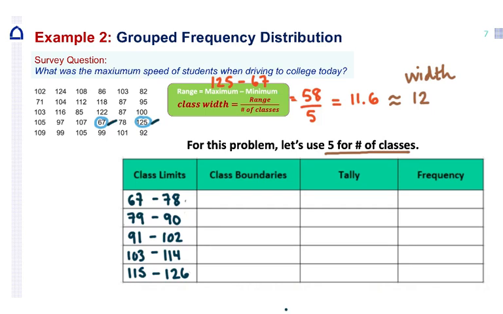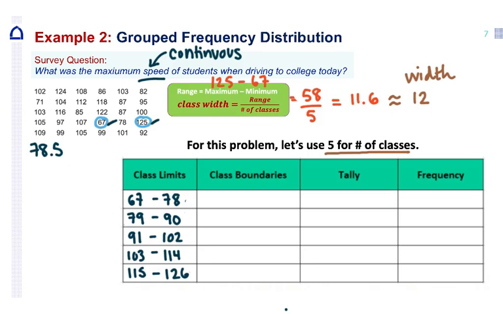Do you remember that rule I said where there can be no gaps in the data, right? We went 67 to 78, and then the very next row it goes 79 to 90. But let's think about this for a moment. Speed is continuous data, meaning we are allowed to have decimals. So it's possible I could measure the speed of somebody and I could get a speed of 78.5, right?